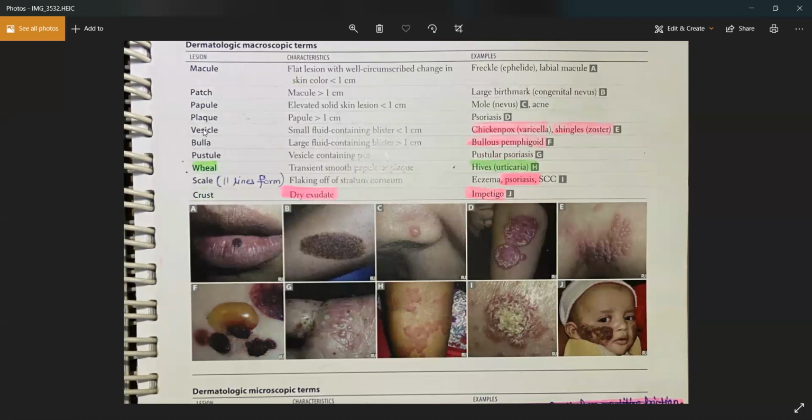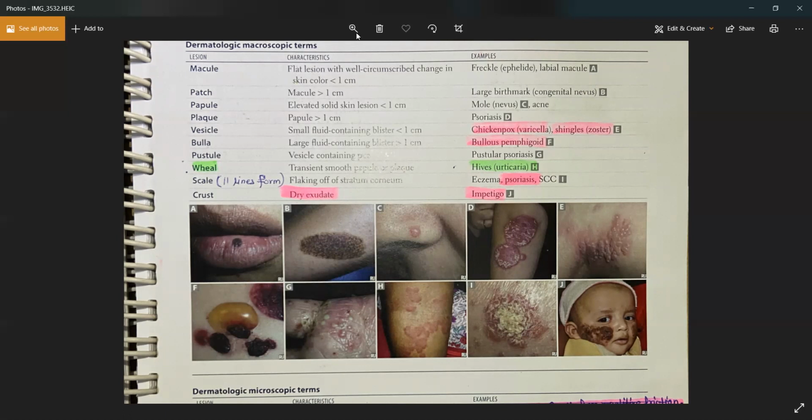Then you have the vesicles, which is a kind of papule which is filled with fluid. This papule which is filled with fluid, you call it a vesicle, right? And the size again is less than 1 centimeter. You will get chickenpox and you will get shingles because of reactivation, and in both these disorders you will get a vesicular kind of rash, right?